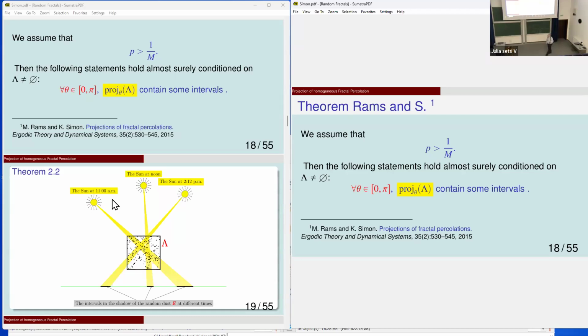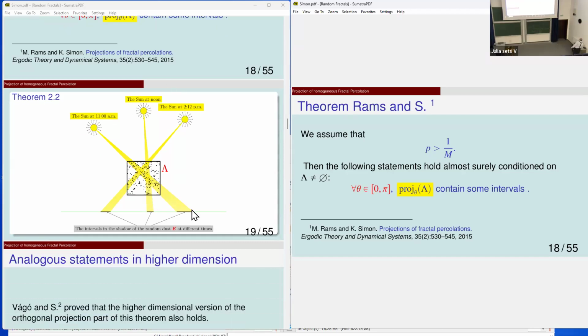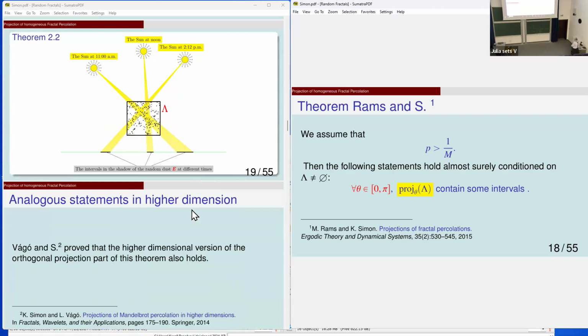And when I spoke about this theorem in Banff, it was Felix who made a comment that the sun is not two-dimensional, and what can we do if, for example, the sun is three-dimensional? Then we extended this theorem with my then student, Lajos Vágó, who went to Morgan Stanley now, but he was my student.